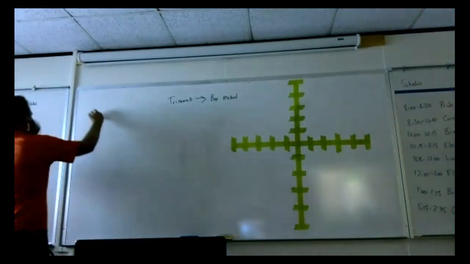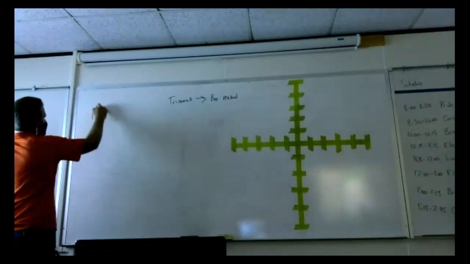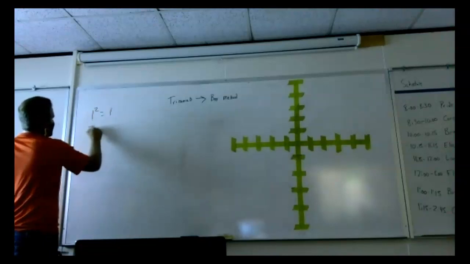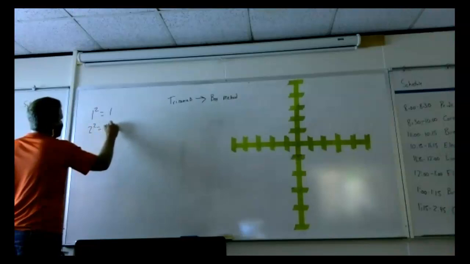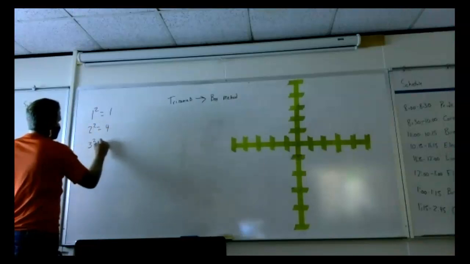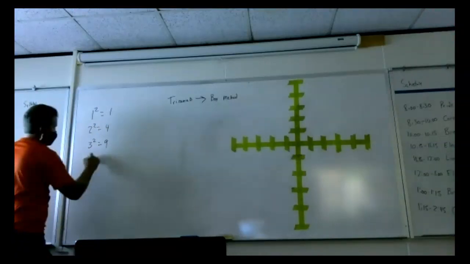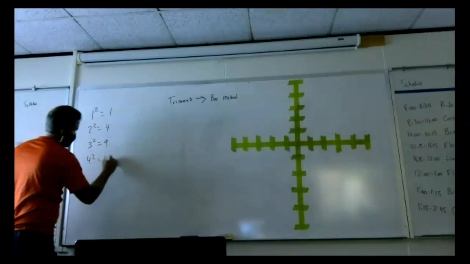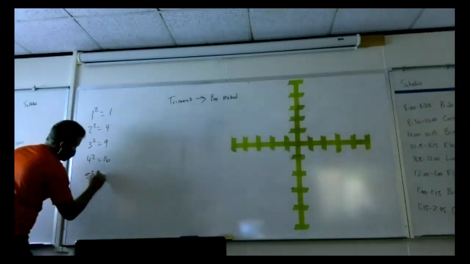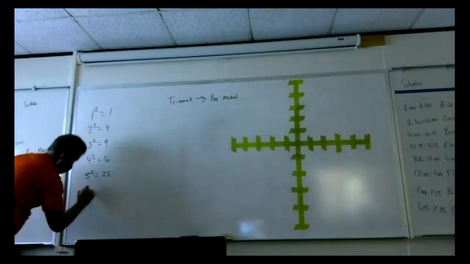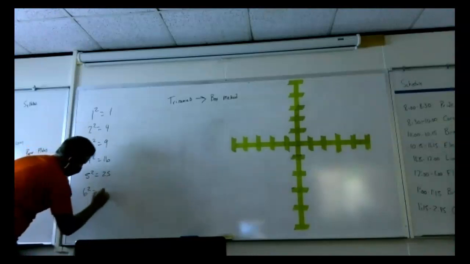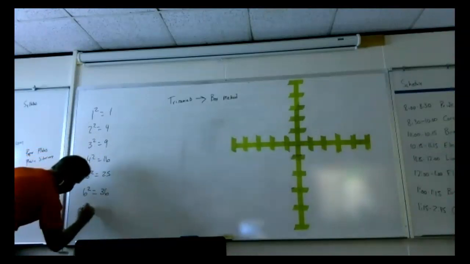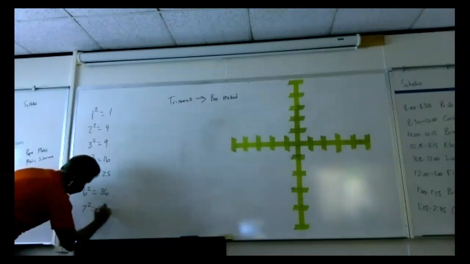Or if you struggle with them, here are your perfect squares. 1 squared is equal to 1. 2 squared is equal to 4. 3 squared is equal to 9. 5 squared is equal to 25. 6 squared is equal to 36. 7 squared is equal to 49.